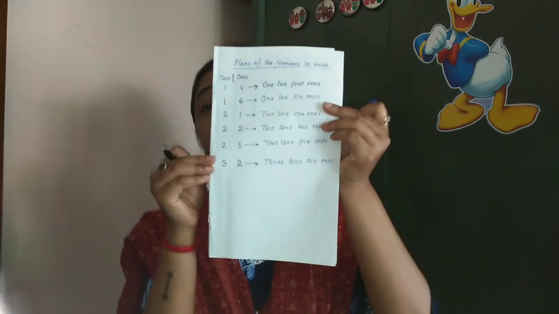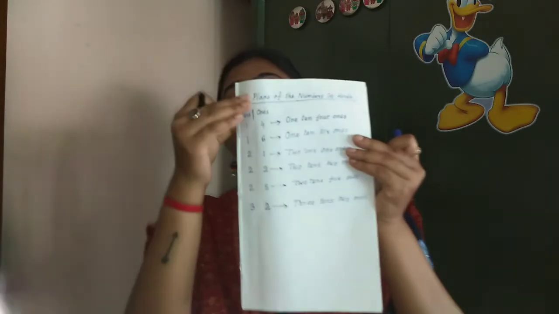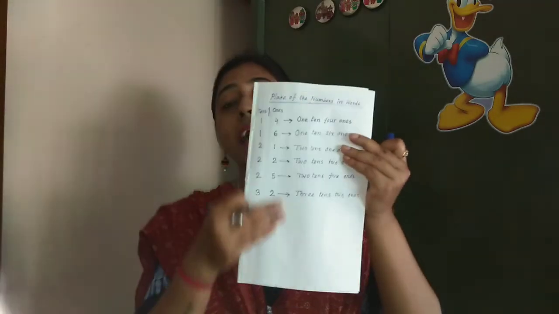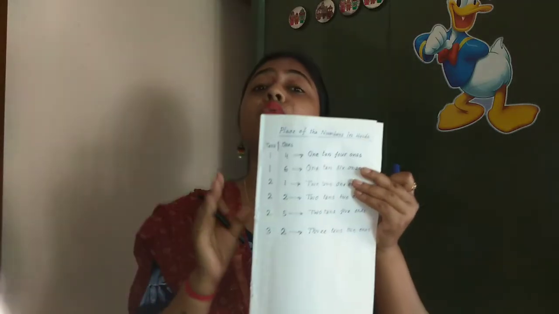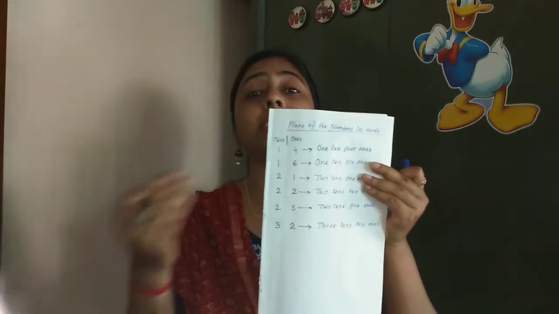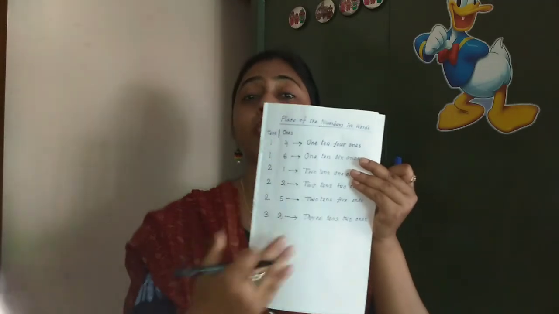Like 32, in this way you can write all the 2-digit numbers from 10 to 99 in words of their place value.